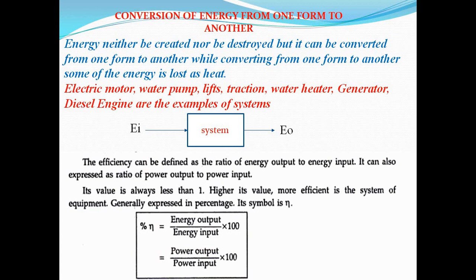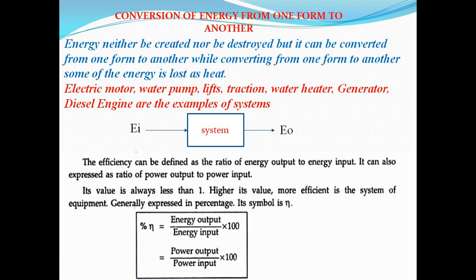Means if you are using terms of power, then output power upon input power. If you are using terms of energy, then it is output energy upon input energy. Its value is always less than 1. Higher its value, the more efficient is the system or equipment. Its symbol is eta. So eta, percentage efficiency, is equal to energy output upon energy input into 100, or power output upon power input into 100.